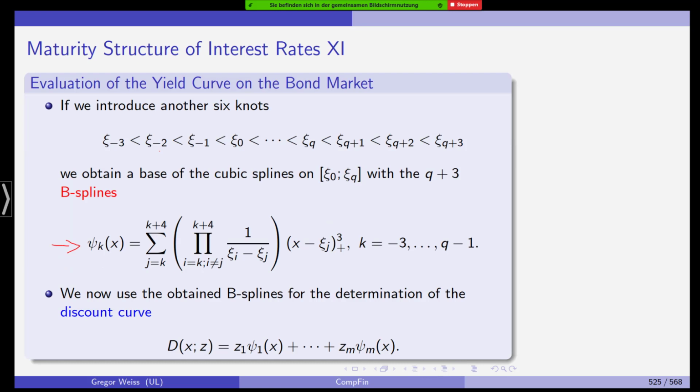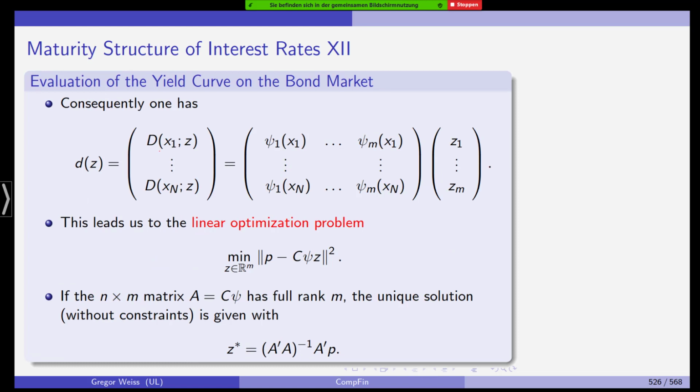So we still want to determine the discount curve, but we are using cubic splines, and the cubic spline we are trying to estimate is represented by using the B-splines, which form a basis of the linear space of cubic splines. Now, consequently, one has the following.